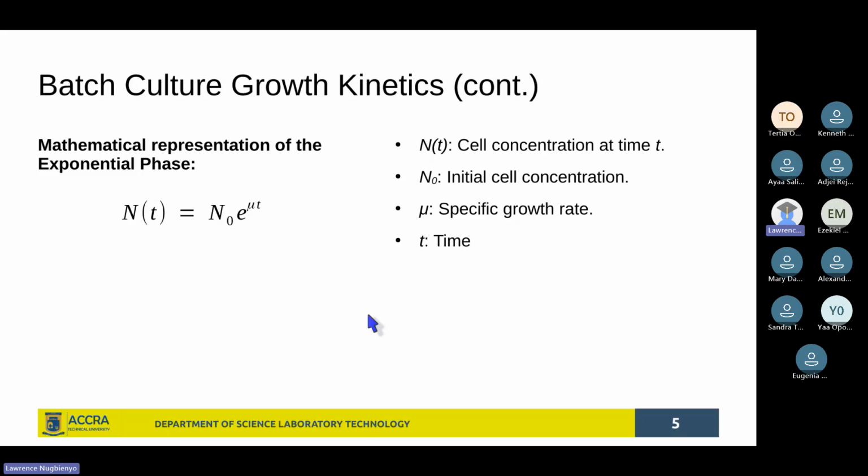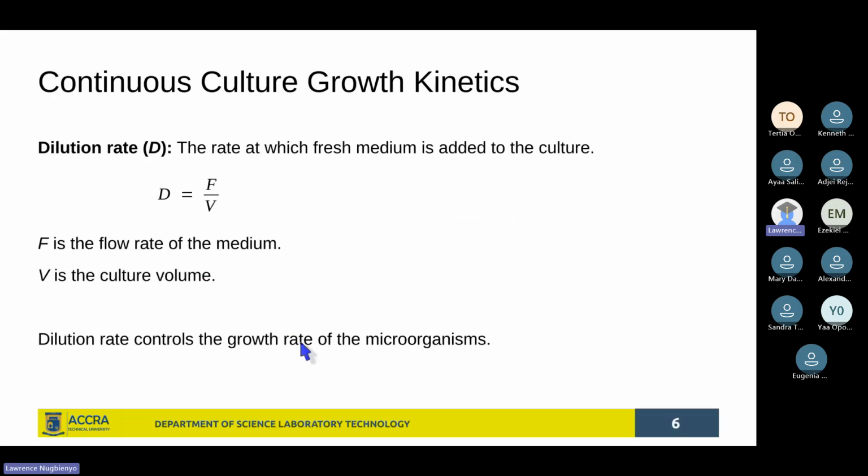Now, if you then look at it in terms of the continuous culture, we also did look at the continuous system where you had the flow of nutrients into the system continuously.